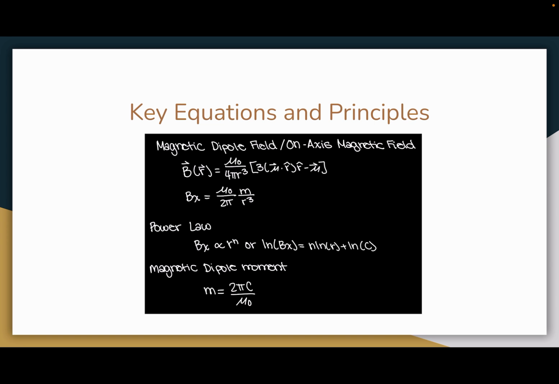Along the axis of the magnet, we use a simplified version: Bx equals mu naught over 2 pi times m over r cubed. Then we use the power law, ln Bx equals n ln r plus ln C. Lastly, we use the magnetic dipole moment m equals 2 pi C divided by mu naught.